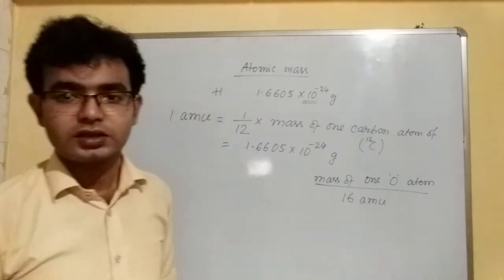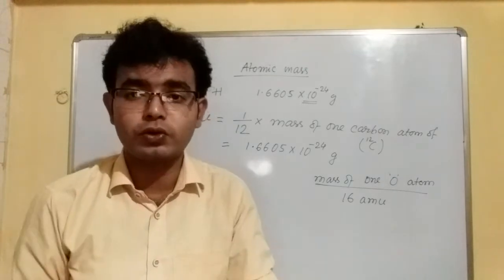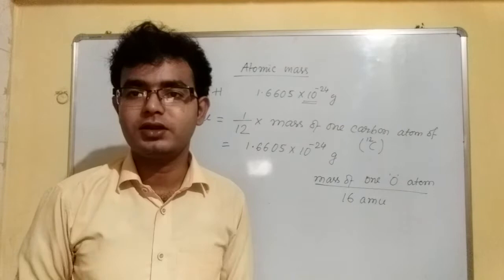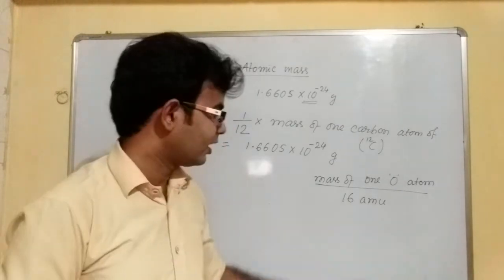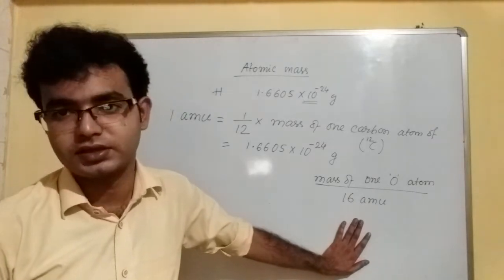Means the mass of one oxygen atom is 16 times more than 1/12 of the mass of one carbon atom. And this one is called the atomic mass of the oxygen atom.